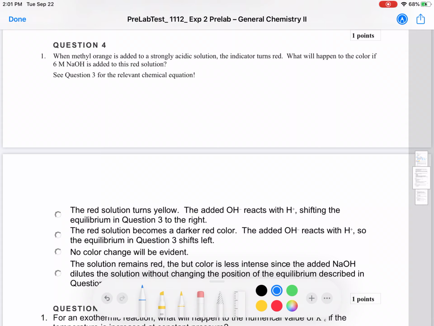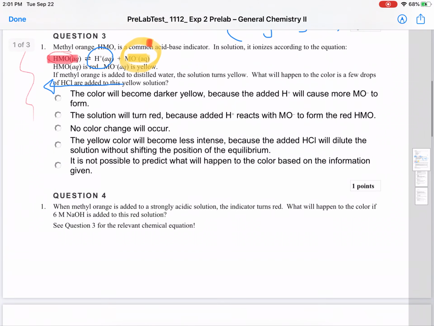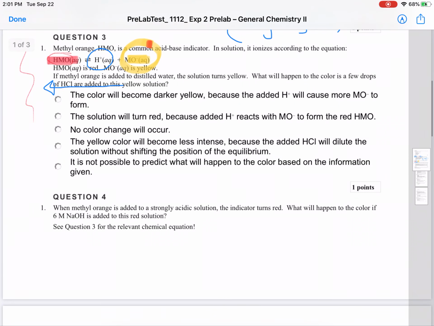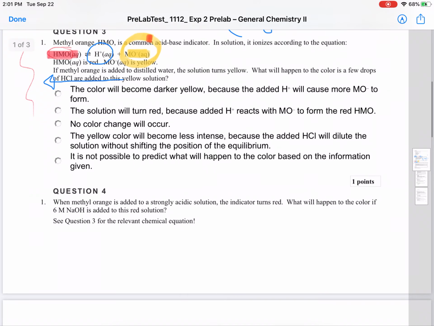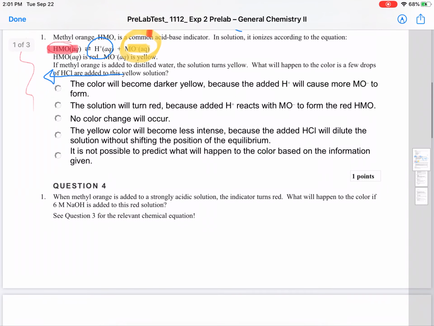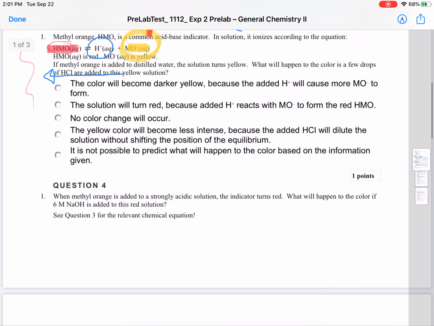See question 3 for the relevant chemical equation. So our chemical equation is this one. HMO dissociates to give you H plus and MO minus. Now we have methyl orange, a red color solution. What do you think is going to happen?